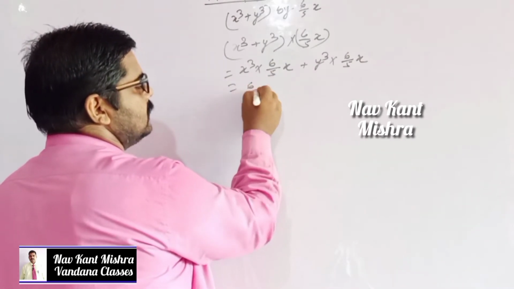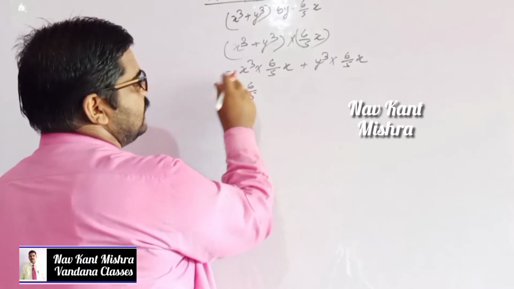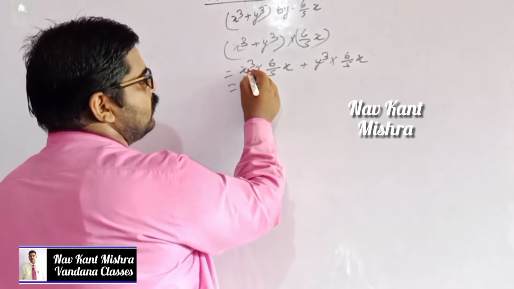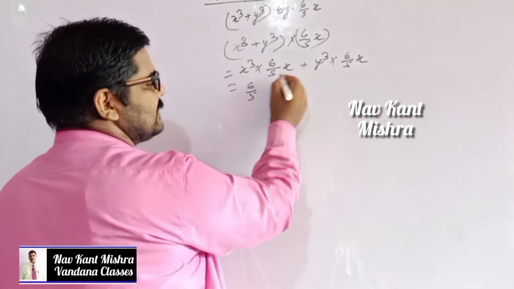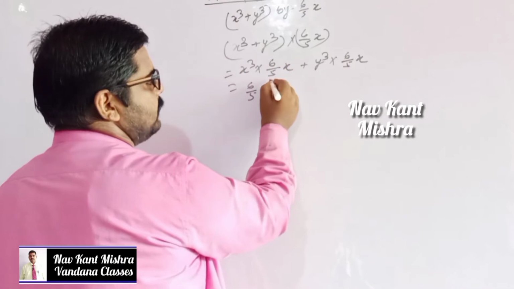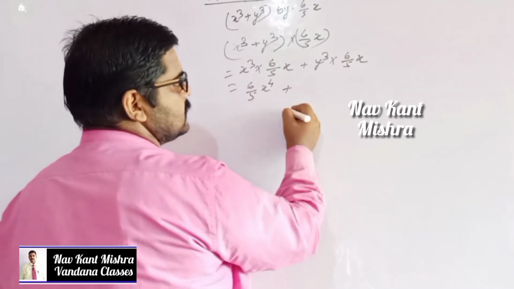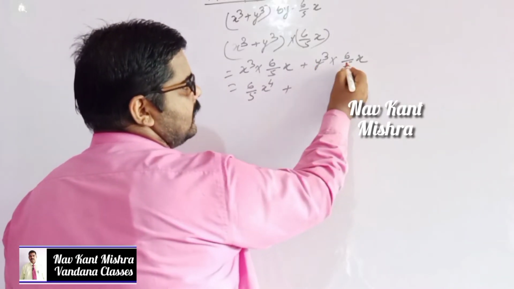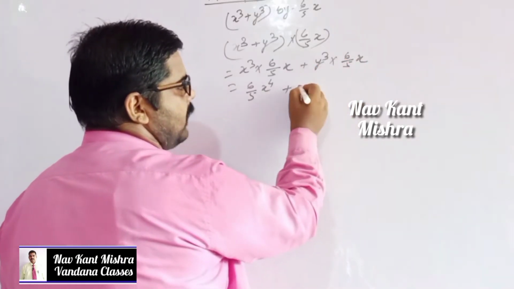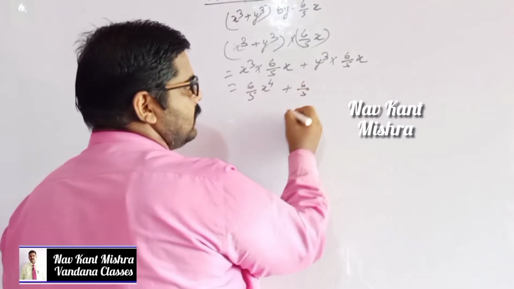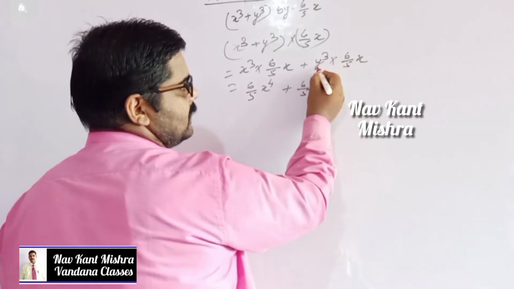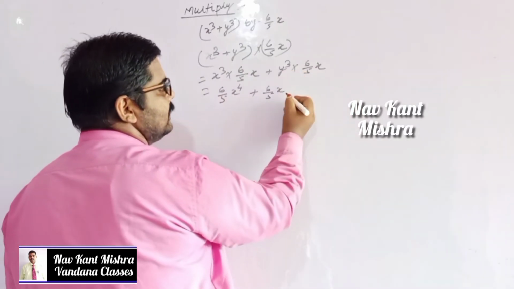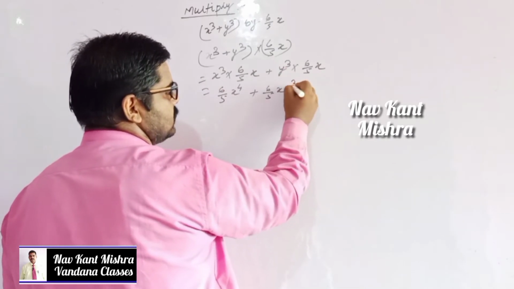very well that 6 upon 5, because there is a 1, so 1 multiplied by 6 upon 5 is 6 upon 5, and when you multiply x cube by x, then you get 3 plus 1, which means 4, plus in this case the numerical factor is 1, and when 1 is multiplied by 6 upon 5, the result is 6 upon 5, and there is an x but there is no x in the other term, so you have to write down an x, and there is another literal, y cube, so you have to put here y cube.